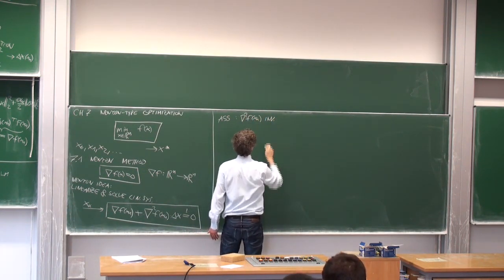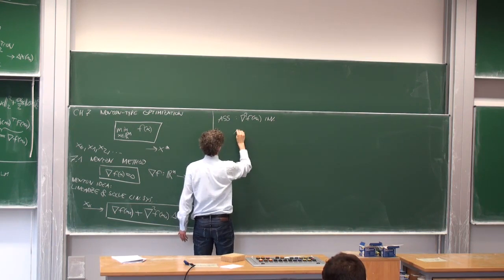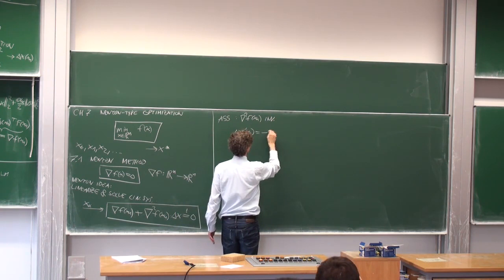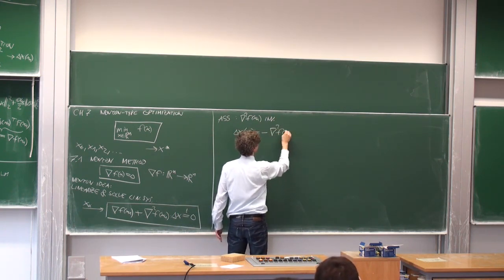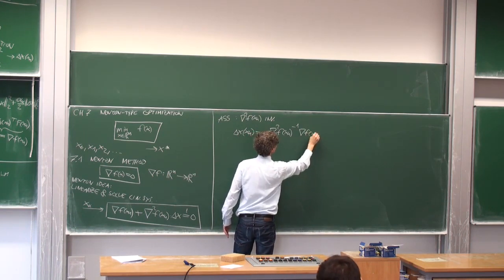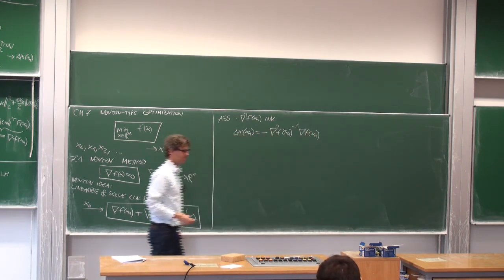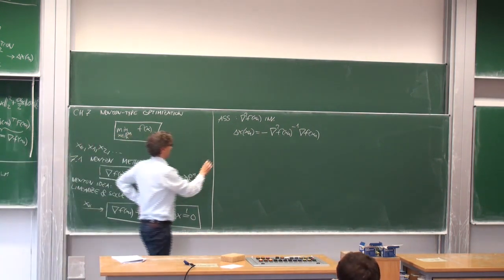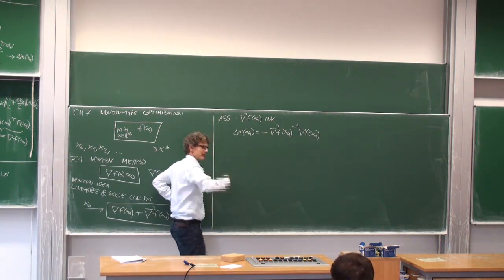Invertible. And if we do that, then we can get delta x of xk equal to minus nabla square f of xk to the minus 1 times nabla f of xk. And of course the iteration will be then that we add this delta x to the old value.